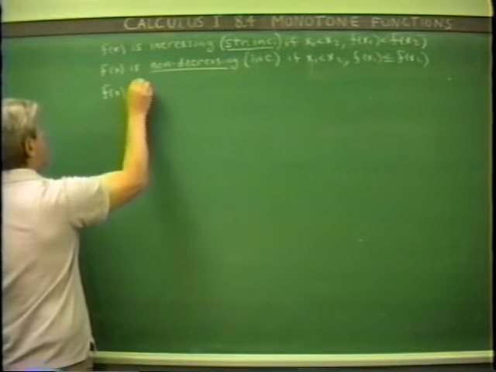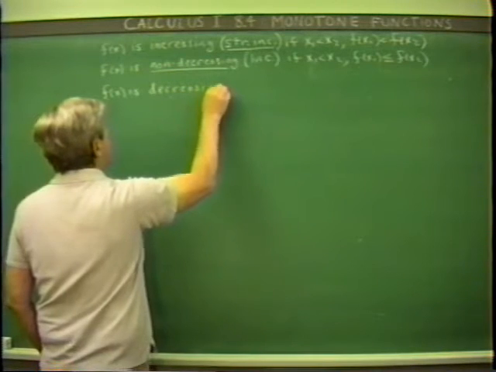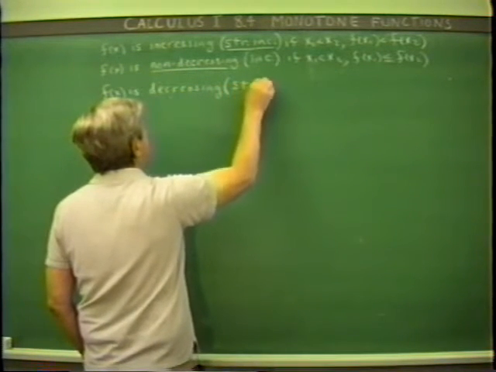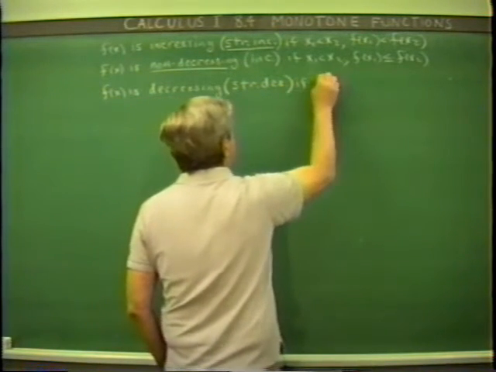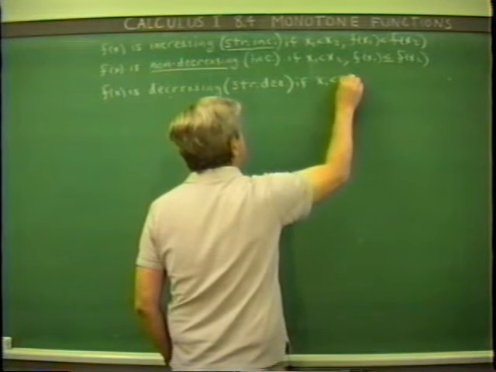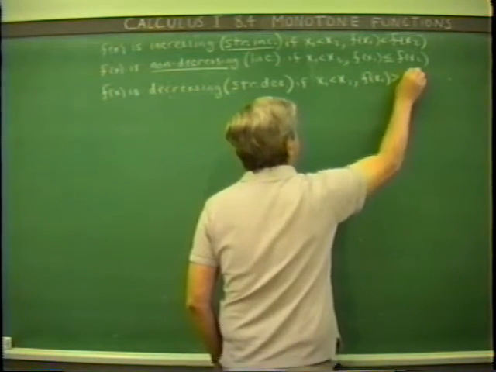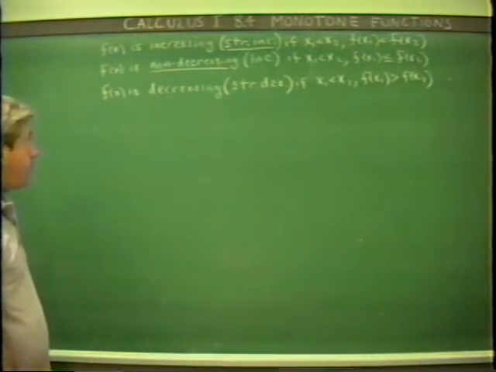f(x) is said to be decreasing, or the alternative terminology is strictly decreasing, if when x1 is less than x2, then f(x1) is greater than the value of f at x2.